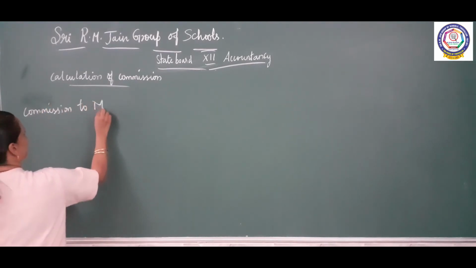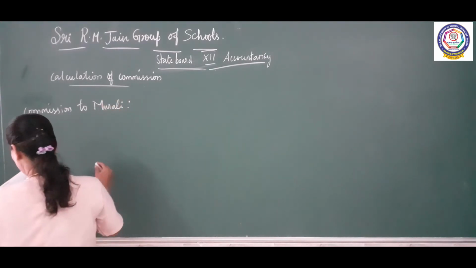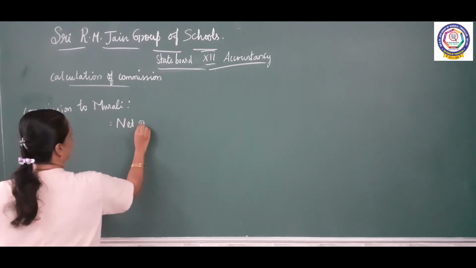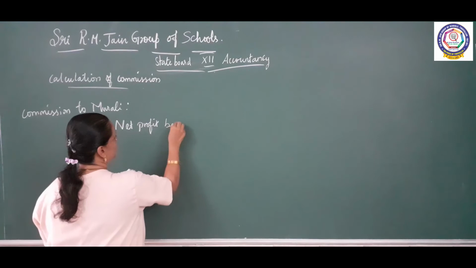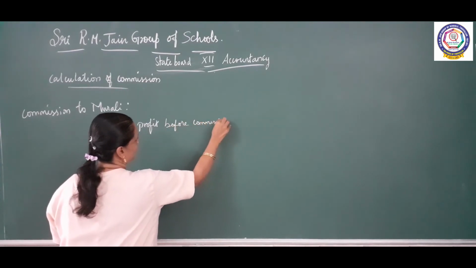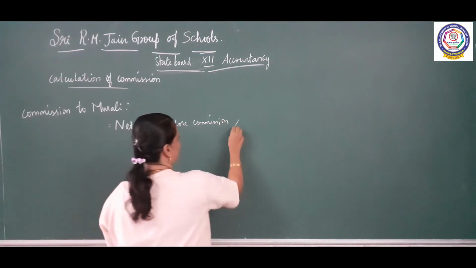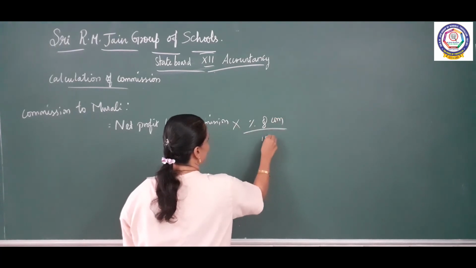Commission to Murali. So what should we do? What is the formula? First we have to calculate net profit before commission into percentage of commission divided by 100.